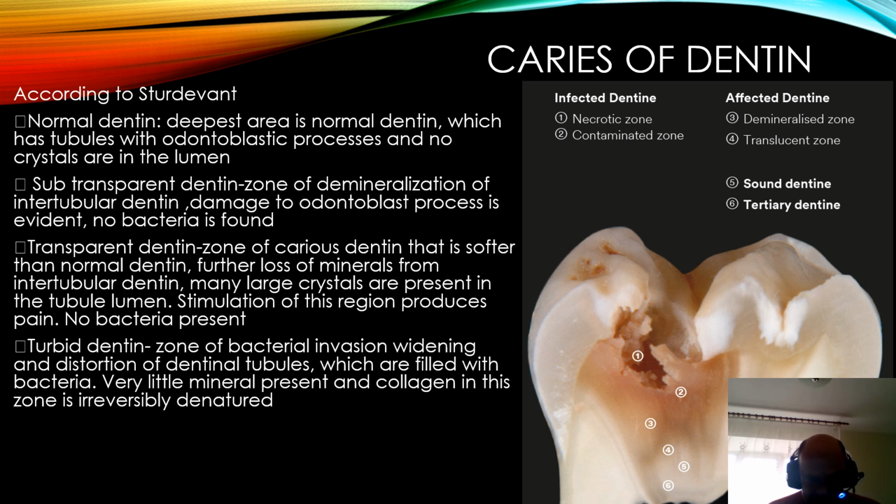And turbid dentine, the zone of bacterial invasion, with widening and distortion of dentinal tubules, which are filled with bacteria. Very little mineral is present, and collagen in this zone is irreversibly denatured.